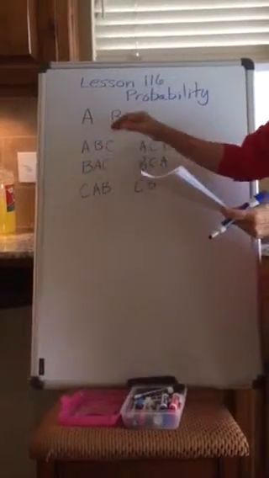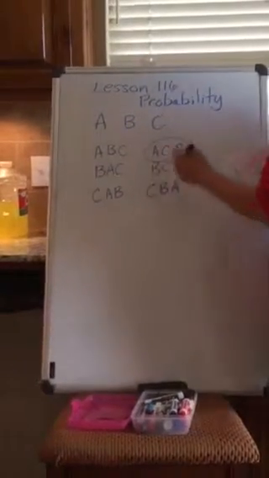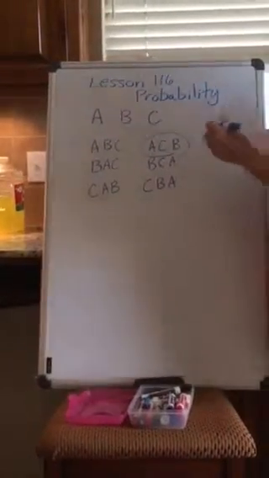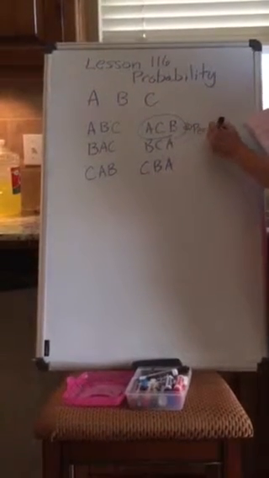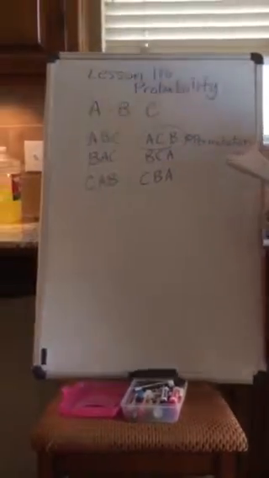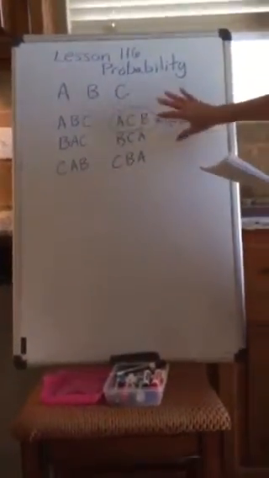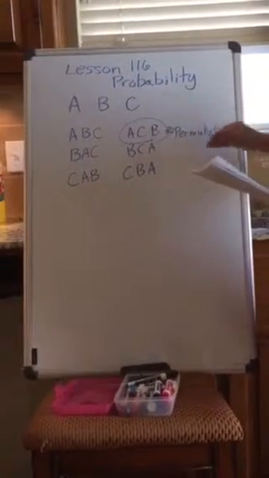That's without reusing the letters. Each one of these arrangements is what defines a permutation. Each individual arrangement that is available with that set of letters is called a permutation.